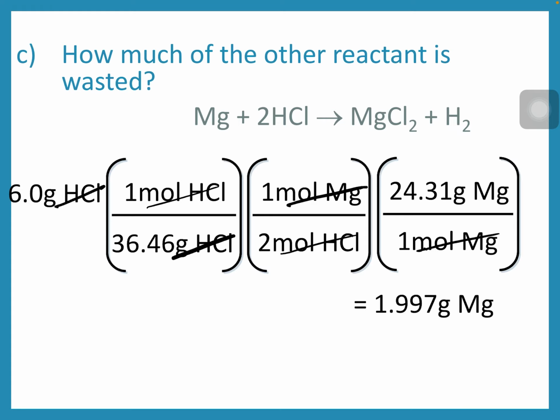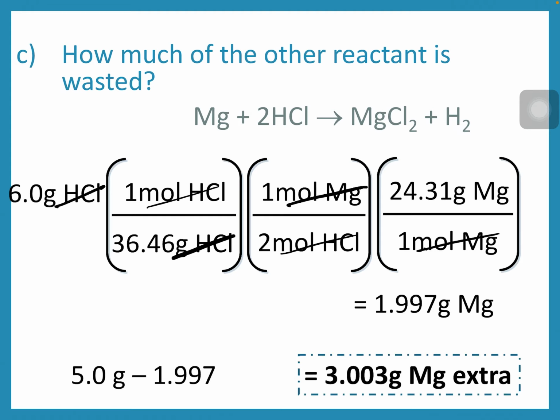And that gives me 1.997 grams of magnesium gets used up. So I had started with 5 grams of magnesium, 1.997 grams gets used up, which means 3.003 grams of magnesium are in excess at the end.